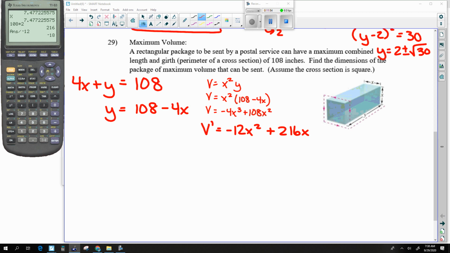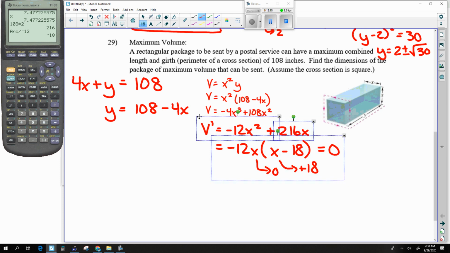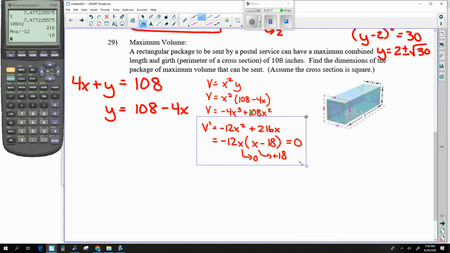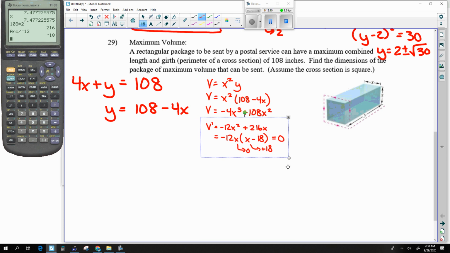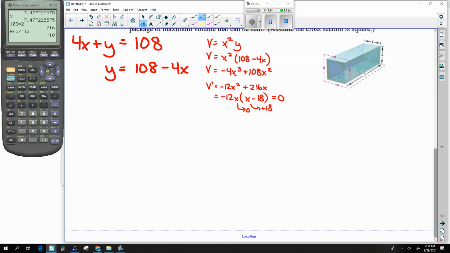So what I can do is take out a negative 12x, which would be x minus 18. Since I'm in the business of getting that equal to 0, it can be equal to 0 or 18. We'll use that information to see if that actually does indeed maximize the volume. If it doesn't, then we have to do something else, but I'm assuming it will.